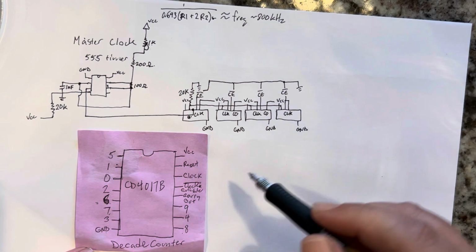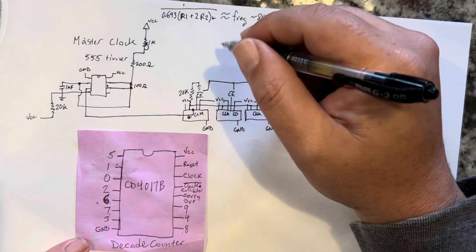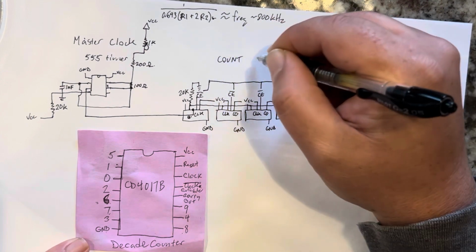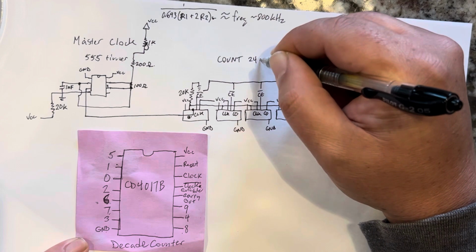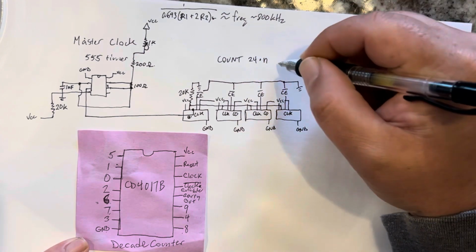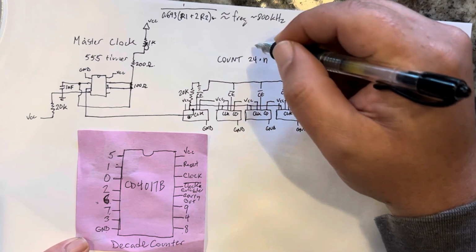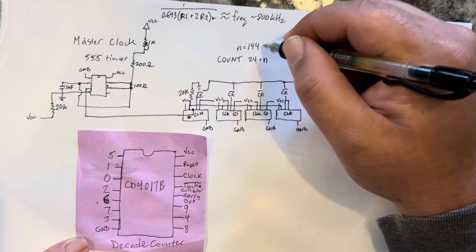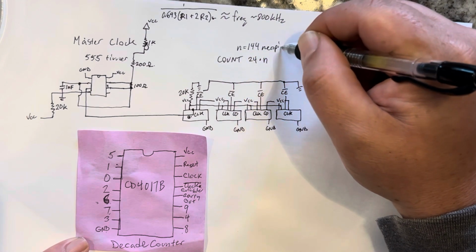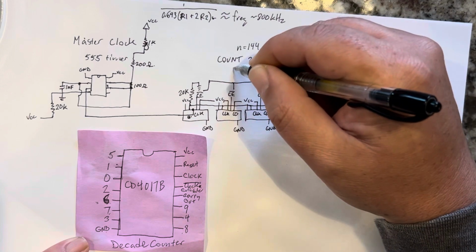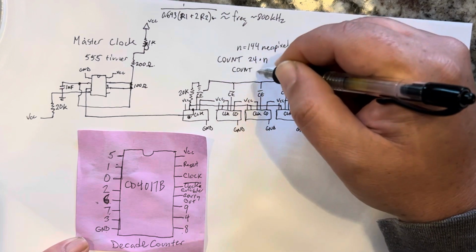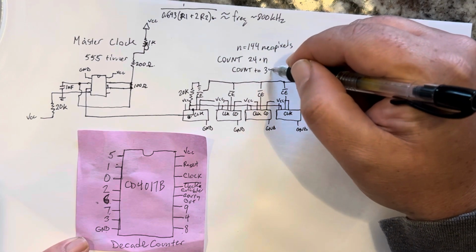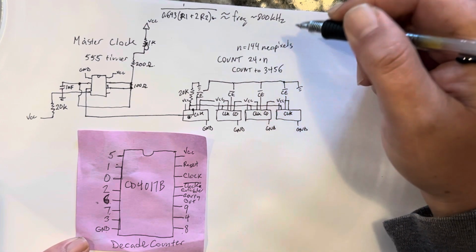So in my case, we need to count to a value of 24 bits times the number of neopixels, N neopixels. And in my case, my N was equal to 144 neopixels. And so I needed this circuit to count to 24 times 144, which is 3,456.